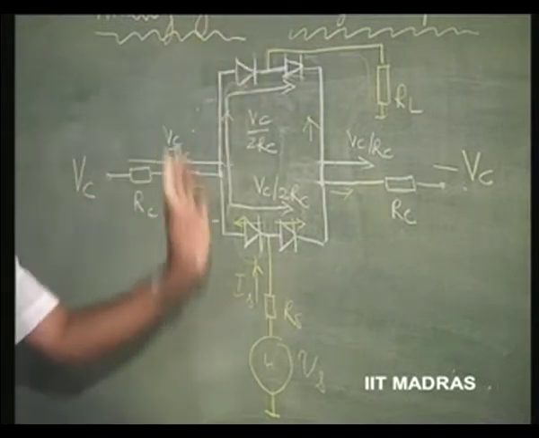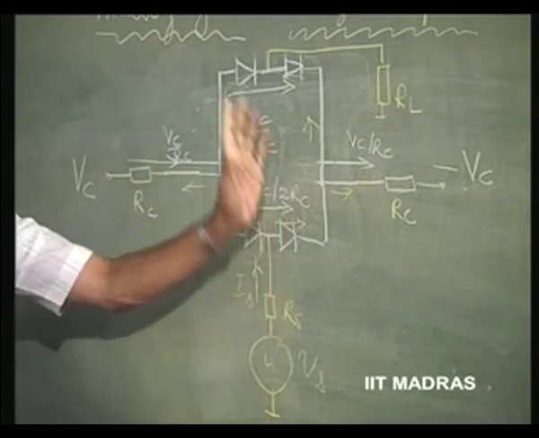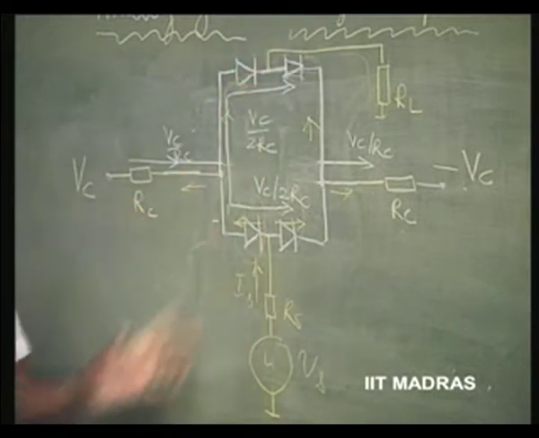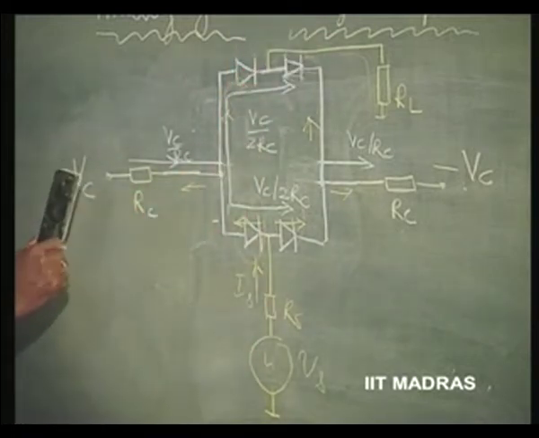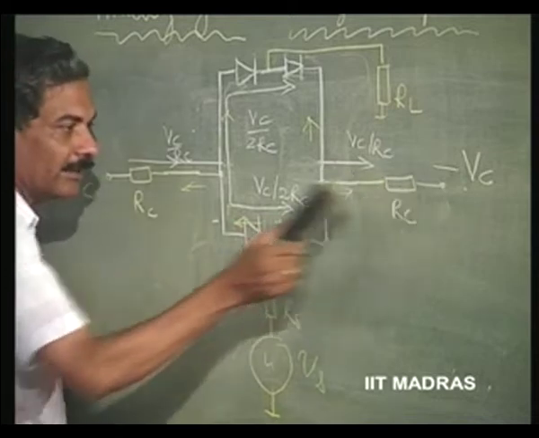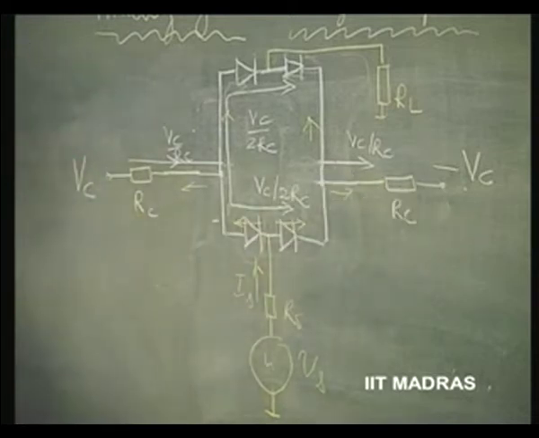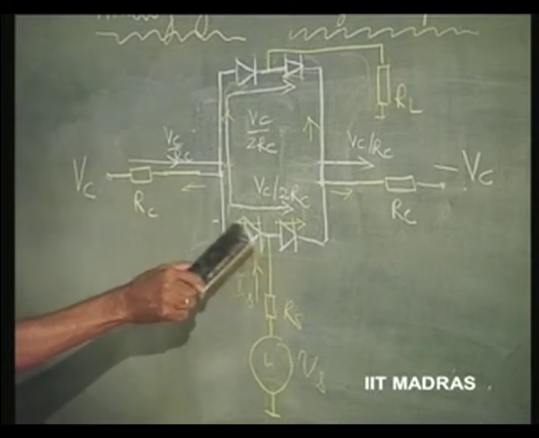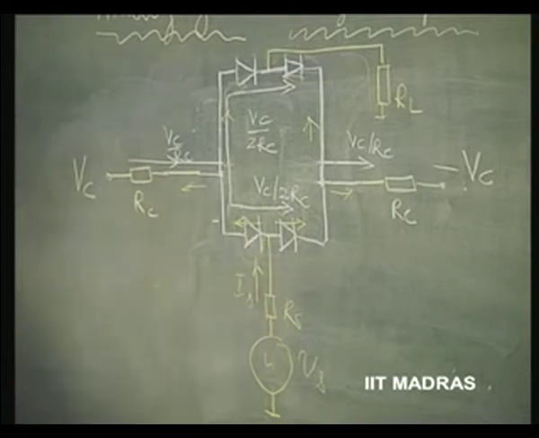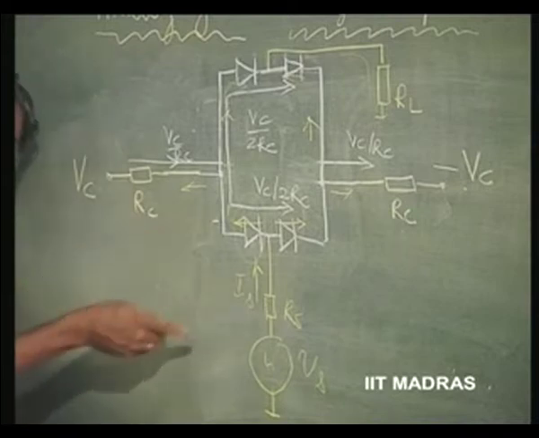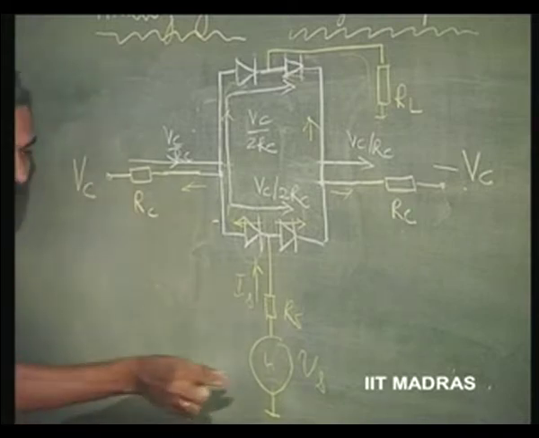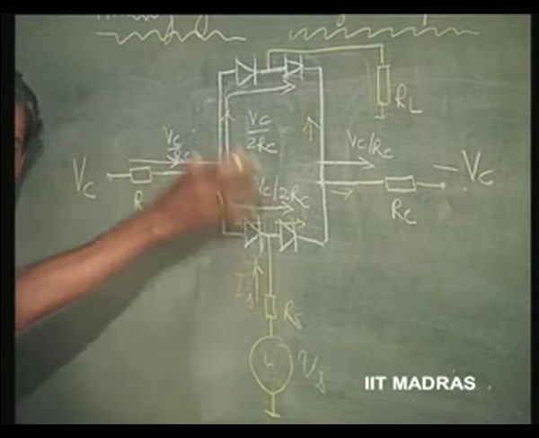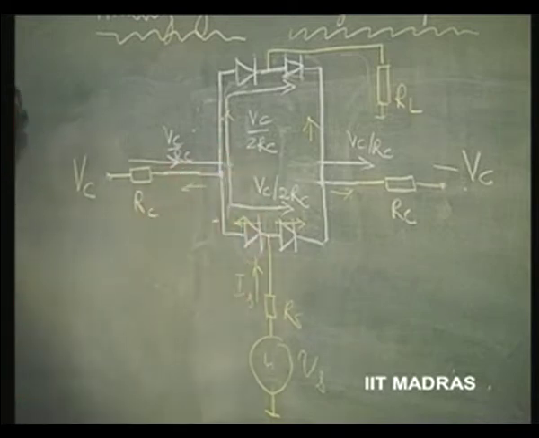So, this circuit will function as an analog gate or multiplexer without any problem as long as this control current continues to flow in this circuit, and control current of any one of these diodes is not cancelled by the signal current.